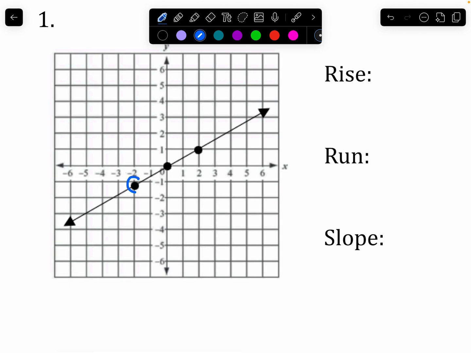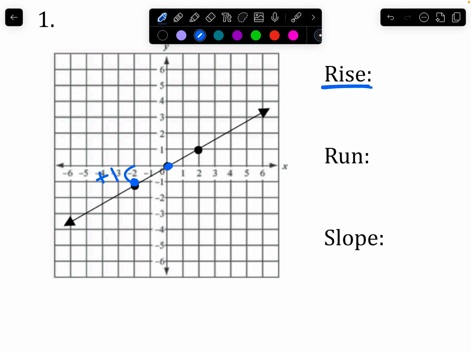It is always up to you which points you choose. I have a habit of always picking the lowest point and then moving upwards towards the next point. So I'm going to start at that bottom point that I have circled, and I'm going to move to my middle point that I have there. The first thing that we do is we start with our rise. So that is how much up or down we are going. For me to get from this coordinate to this coordinate, I am going up 1.